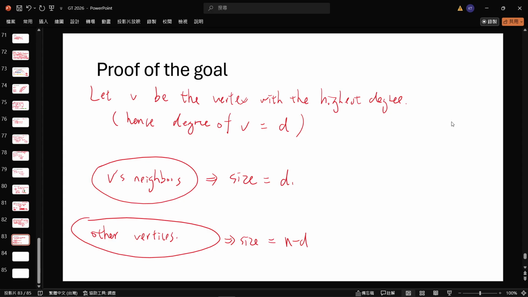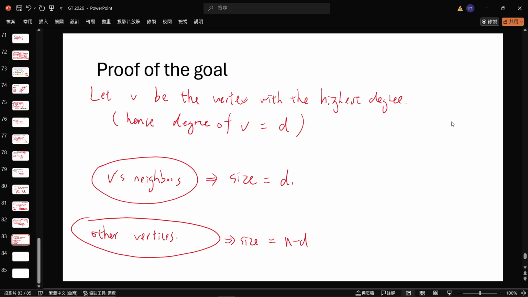Should V appear in the upper set or the lower set? So this is V's neighbors, right? Can V be its own neighbor? No, because there's no self loop.